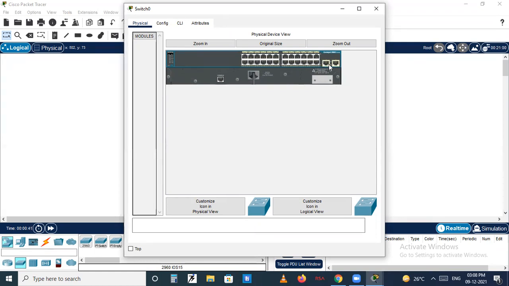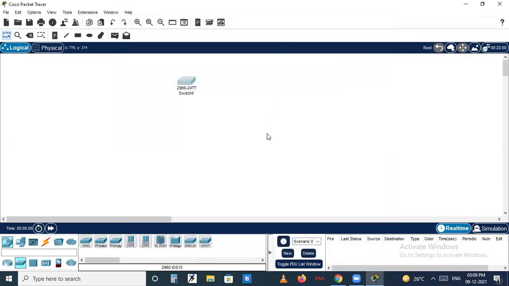If you use routers in combination with the switch, we will use these ports, and also these are the Ethernet ports. So we are going to use these ports now. There are 24 Ethernet ports, and out of these we can use any number of ports up to 24.